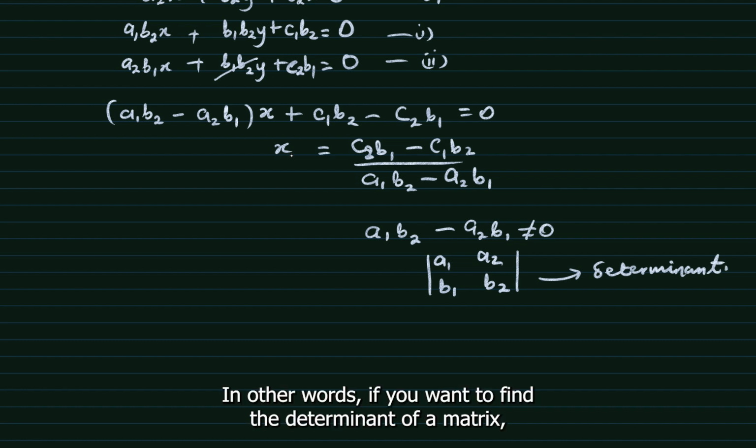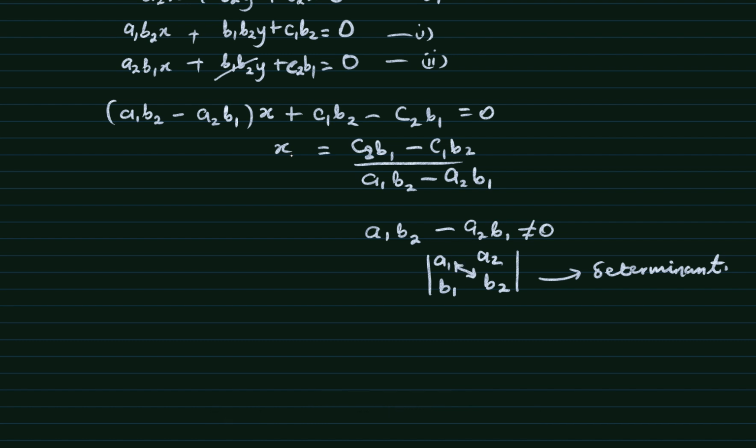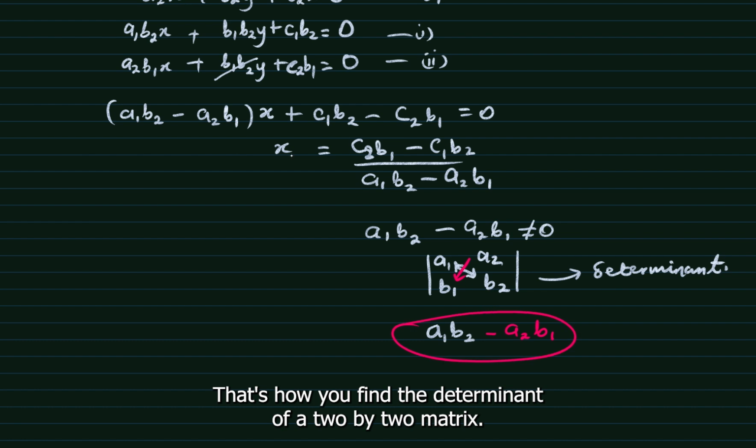In other words, if you want to find the determinant of a matrix, you simply pick the elements in the leading diagonal, which is a1 multiplied by b2, then you subtract the other product, which is a2 and b1, so minus a2 b1. That's how you find the determinant of a 2 by 2 matrix.